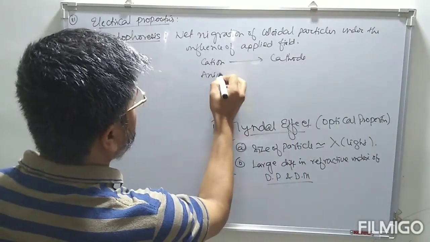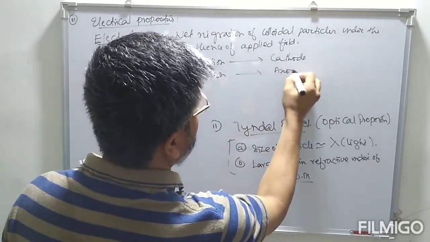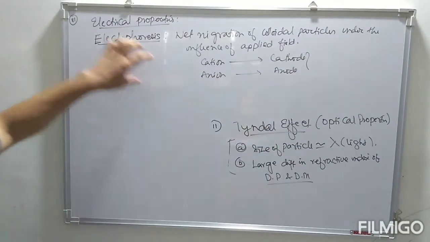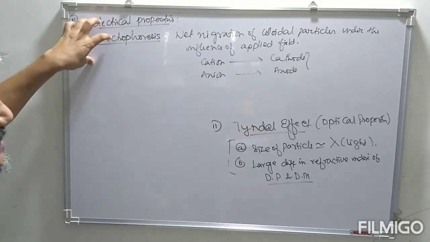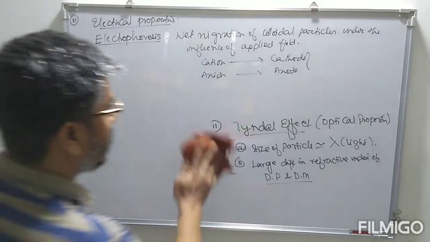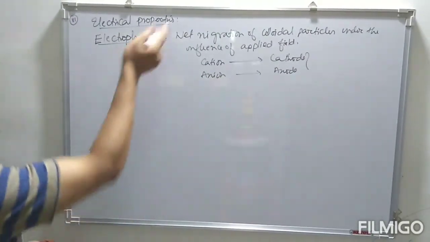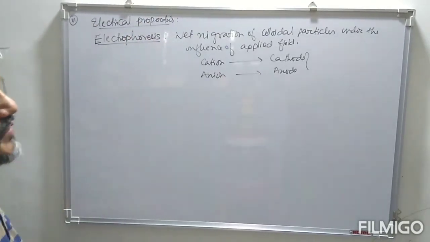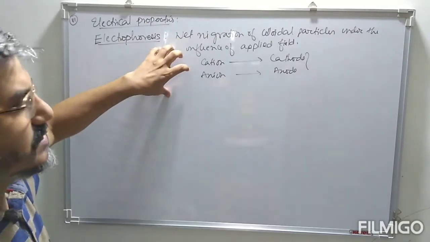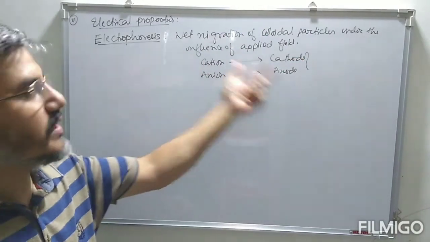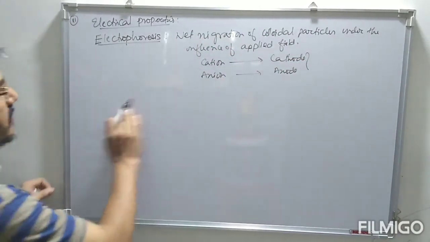If you have anions, they move towards the anode. This net migration is electrophoresis, and this proves the charge on the colloidal particles. The charge is because of preferential or selective adsorption of the common ion. The ion should be common to the electrolyte as well as the colloidal particles.